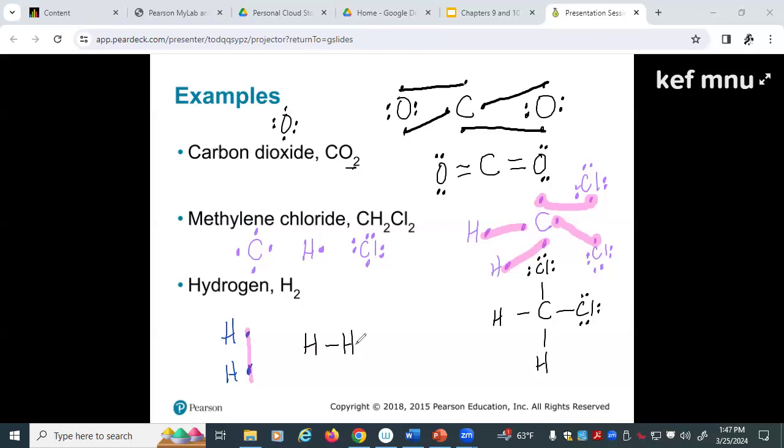So sometimes your Lewis diagrams are really just that simple. They're just a matter of connecting whatever electrons are unpaired between 2 atoms. In cases like methylene chloride, it looks a little bit more complex just because there are more atoms there, but it comes down to the same fundamentals. I need to pair up the electrons that are unpaired, starting from the center atom and working my way out.